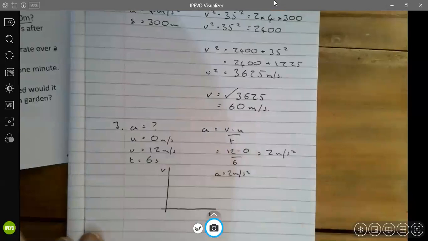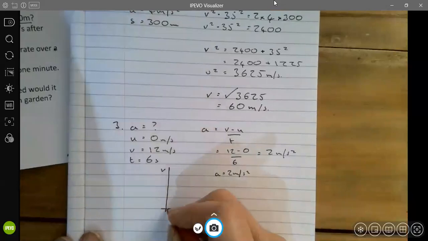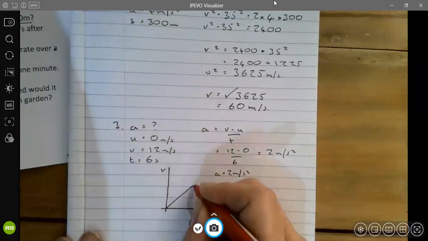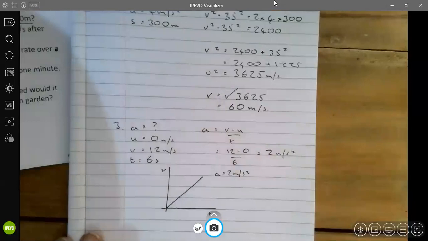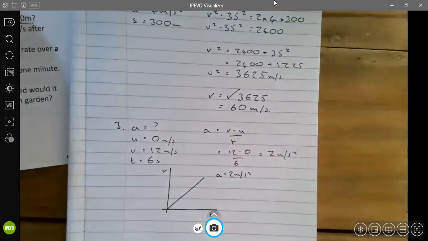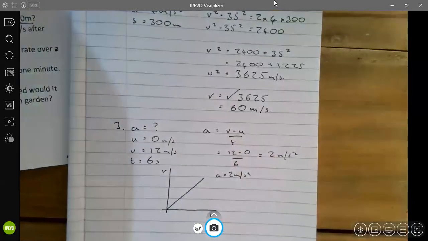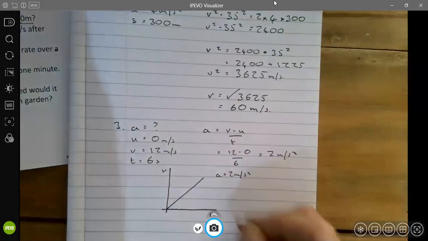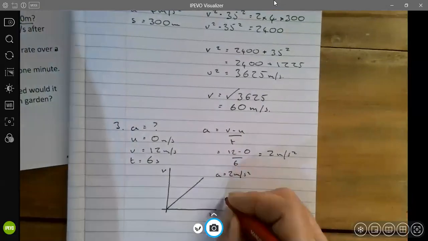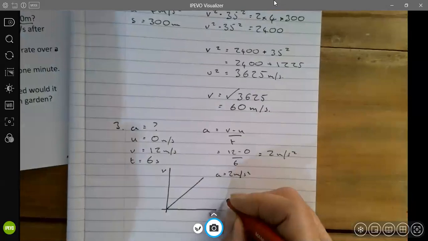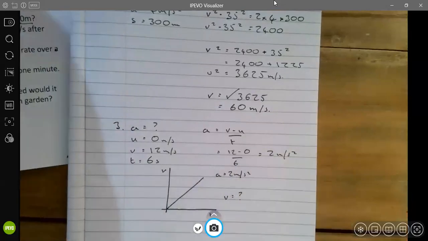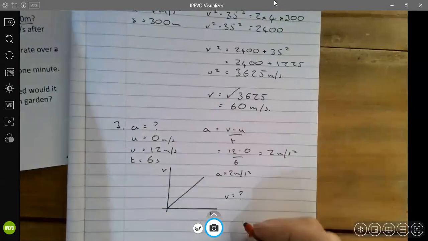It says assume that he ran at a constant acceleration, so it's a straight line on the velocity time graph. What's his final velocity? So v is equal to, we don't know. What we do know though is he starts at rest.